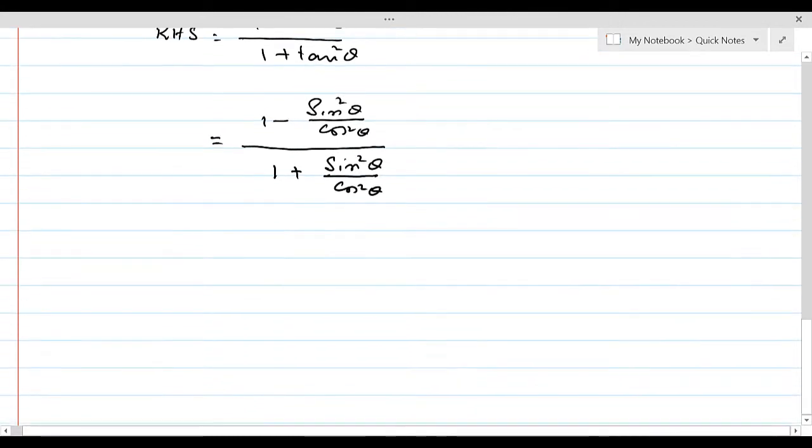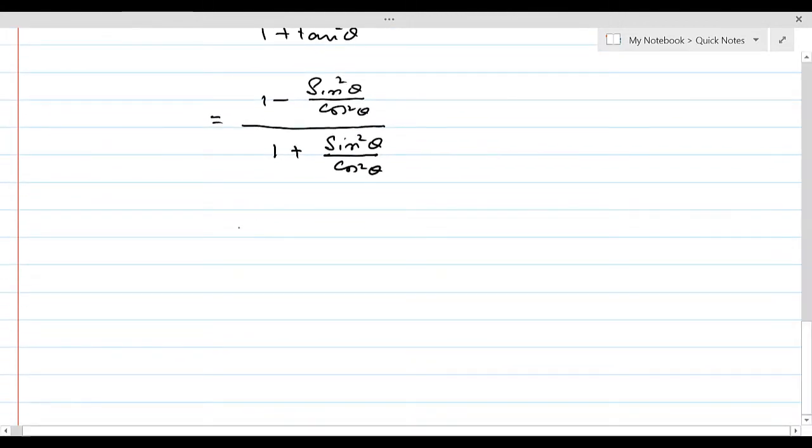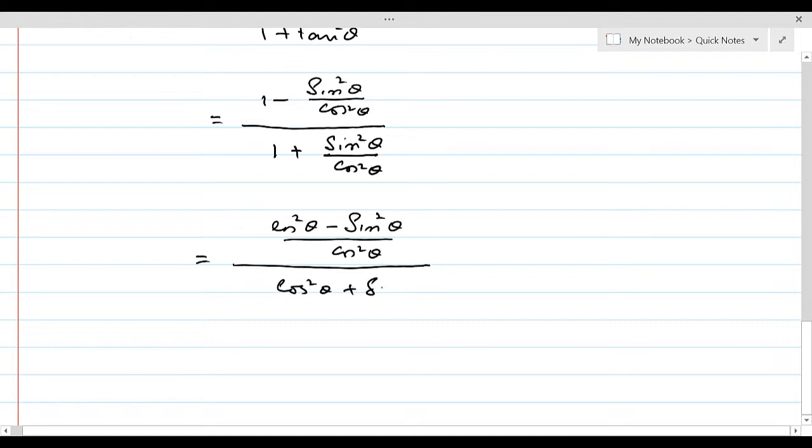Now we are going to take LCM in the numerator and in the denominator. So this will give us cos square theta minus sine square theta divided by cos square theta, and in the denominator we have cos square theta plus sine square theta divided by cos square theta.